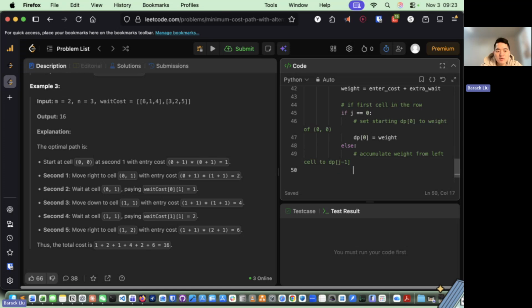So it would be dp j is equal to, no, dp j equal to dp j minus 1 plus weight, correct?